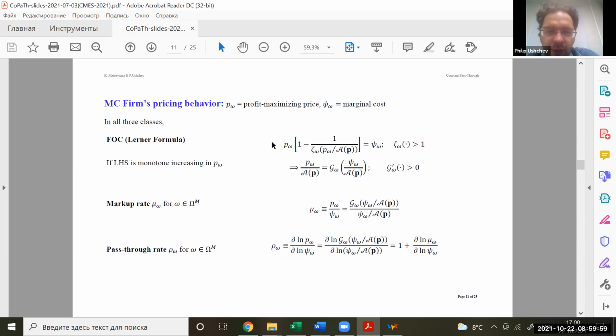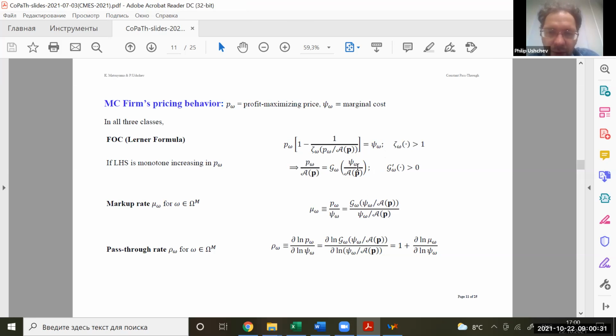Each and every firm charges a profit-maximizing price according to the Lerner formula. And under some regularity conditions, you can safely solve this equation with respect to the normalized price, which is the own price over the price aggregator, and obtain this normalized price as a function of the firm-specific relative, or normalized, marginal cost.